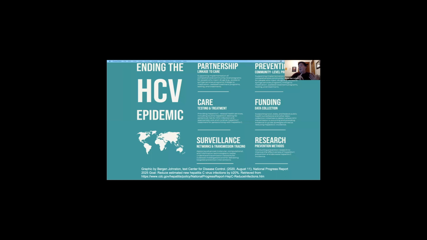Testing and treatment: people who need the cure or who present should have access to that. Funding and data collection: with hepatitis C it's hard to come up with trends because there is so much under-testing, and we don't have prevalence numbers as good as we would like, so that's definitely something we can improve. And then researching prevention methods: what are new ways, and what is the effectiveness of the ways we have to reduce the impact of hepatitis C on our communities?